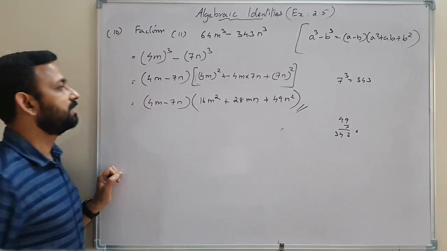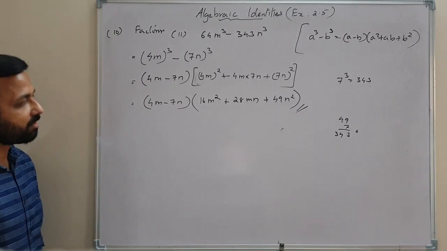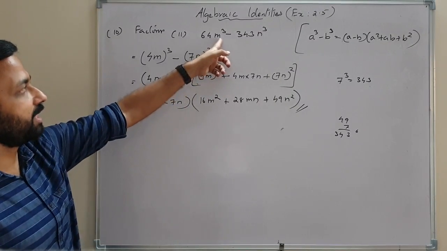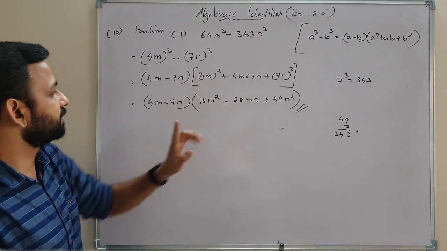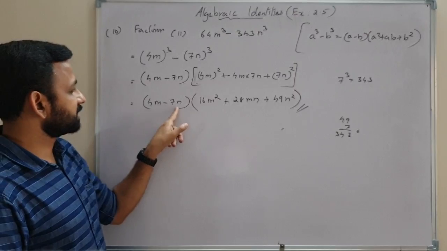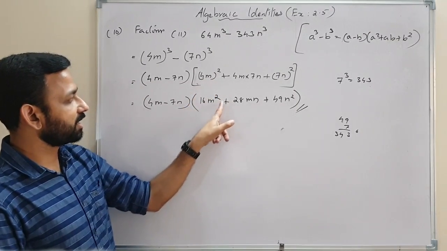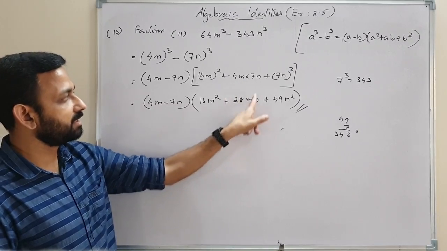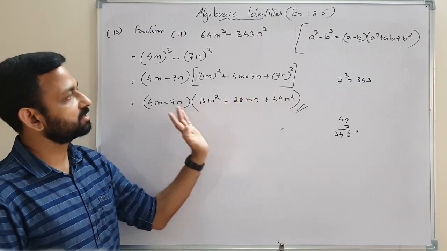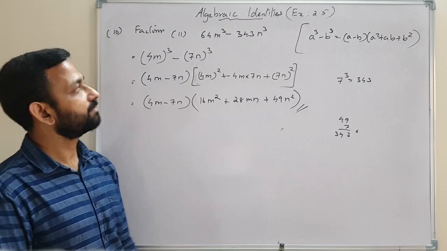So we got the product of factors. So 64m cube minus 343n cube is equal to 4m minus 7n into 16m square plus 28mn plus 49n square. So that is the factorization of that expression.